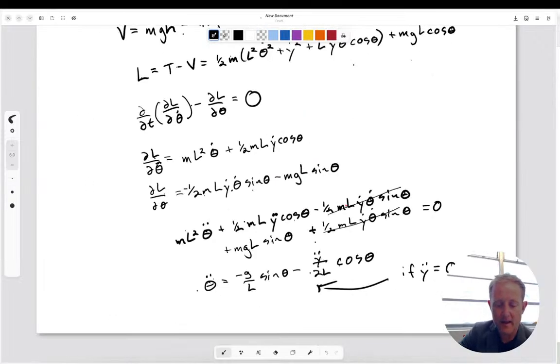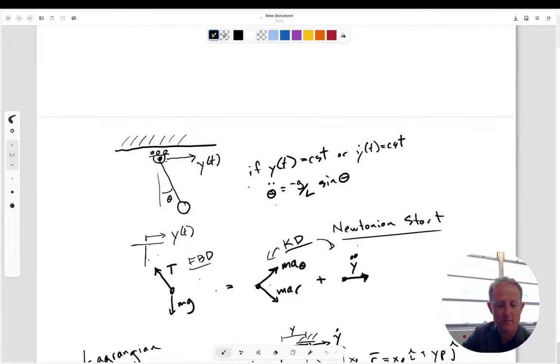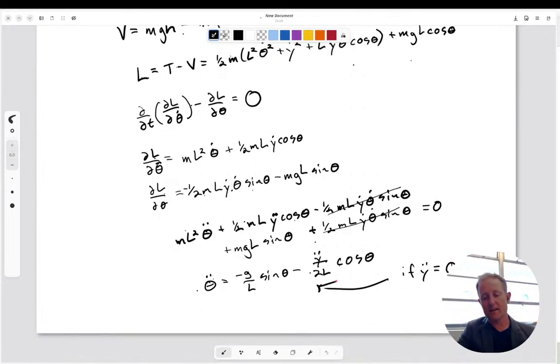But now we have this extra term: if we're moving this thing back and forth, or accelerating the base of our pendulum, like putting a grandfather clock on a moving truck and we hit the brakes, what's going to happen to that natural frequency, or how is the swinging going to change? All of that is contained right in here, just like that.